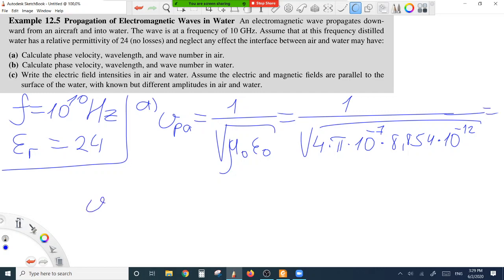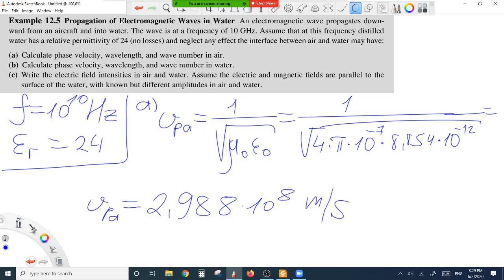And the phase velocity in air will be equal to 2.988 10 to the 8 meters per second.